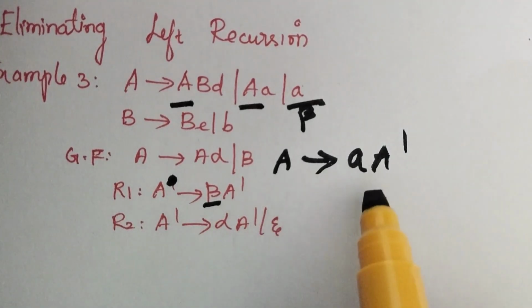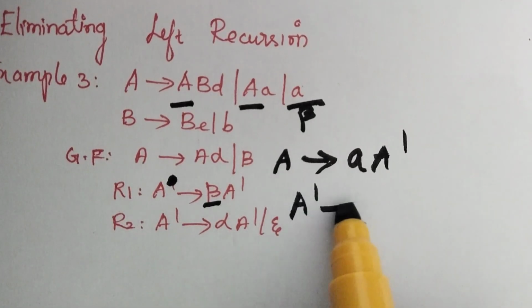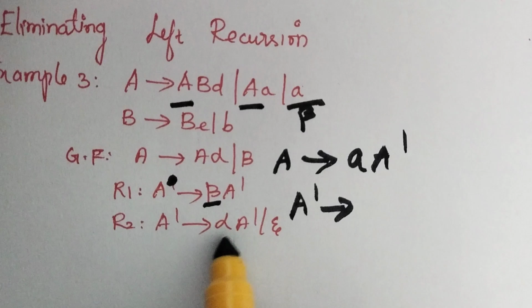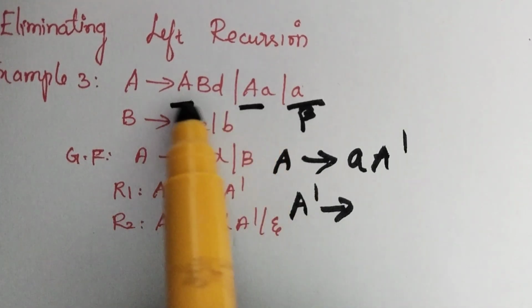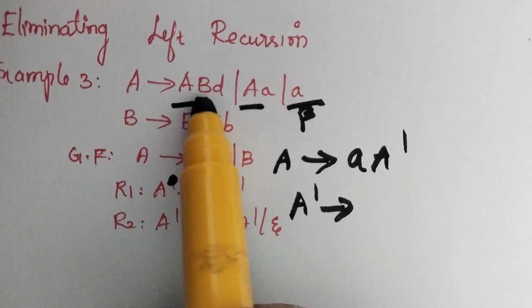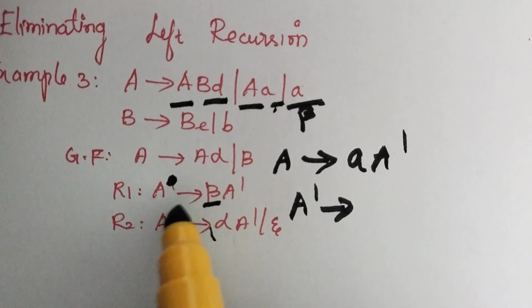Next, rule 2 is we have to introduce dash to the start symbol, that is A dash produces alpha. Since we have left recursion in two productions, we have two alphas. One is Bd, another one is a. So for both the alphas we are going to apply this rule.